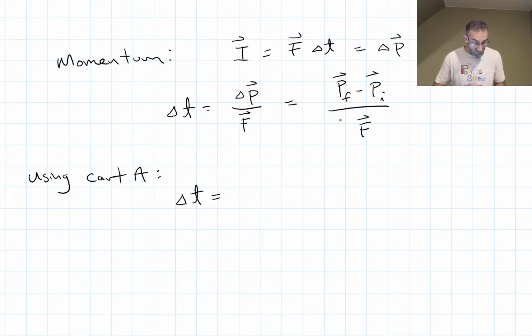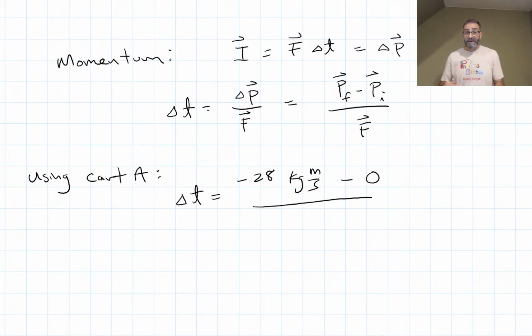The final momentum we found earlier is 28 kilogram meters per second in the negative direction. The initial momentum was 0, and the force from the legs on cart A is 40 newtons in the negative direction, to the left. It's pushing the cart to the left.